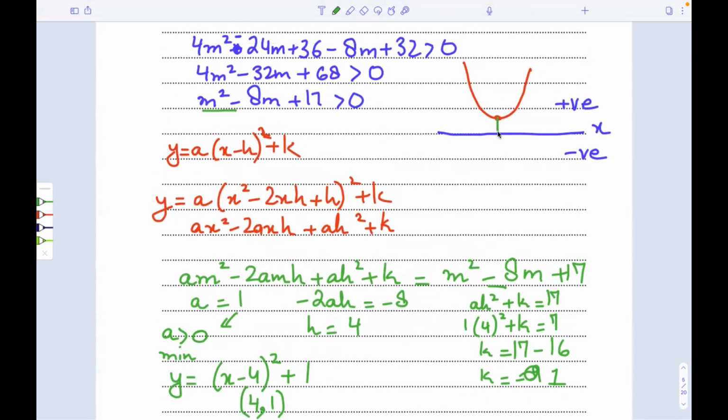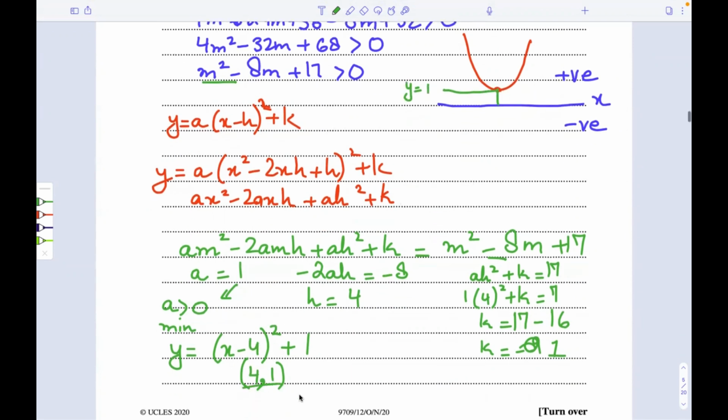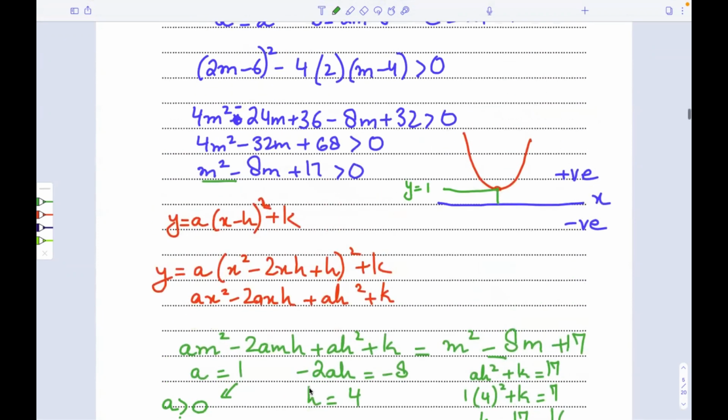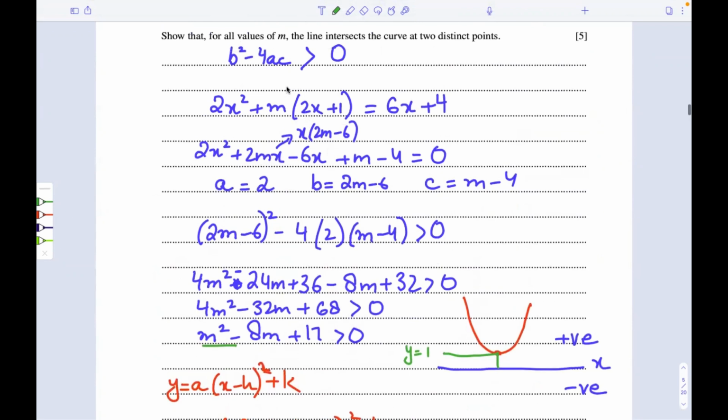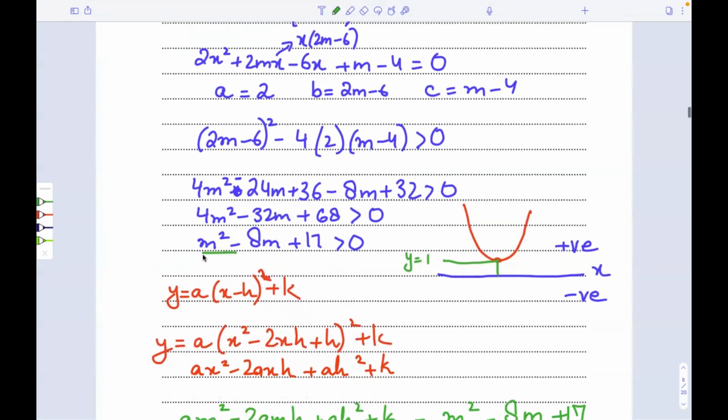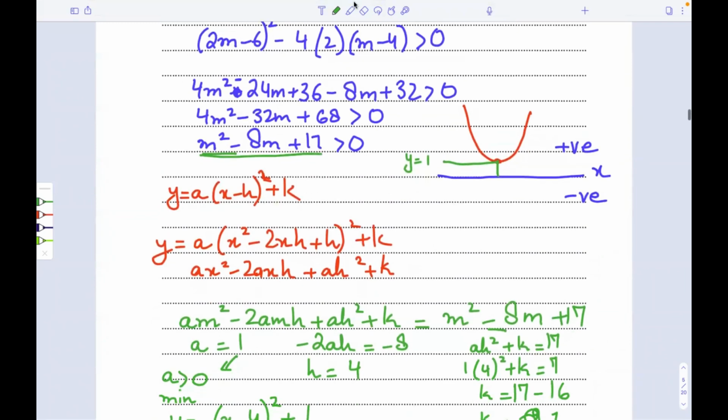As this point is 4 comma 1, the curve can never go below y equals positive 1. So this is how we prove that the whole curve is above the x-axis. And this is how we show that for all values of m, the line intersects the curve at two distinct points.